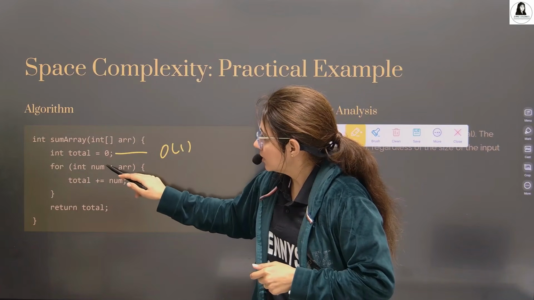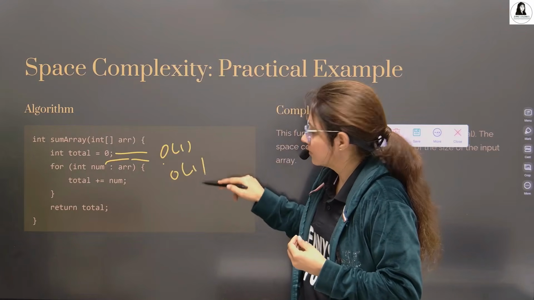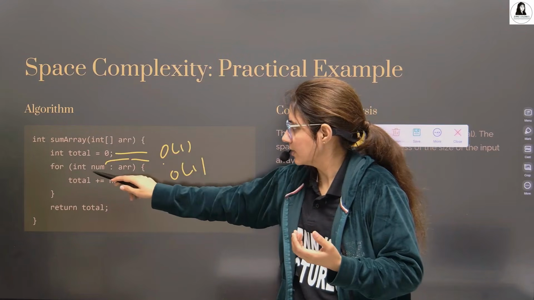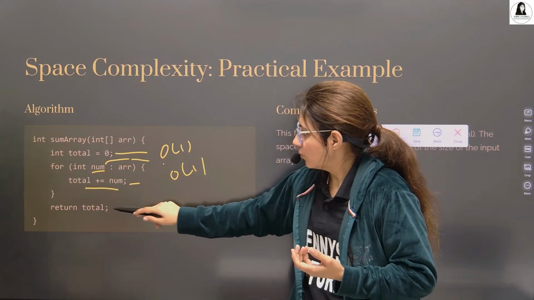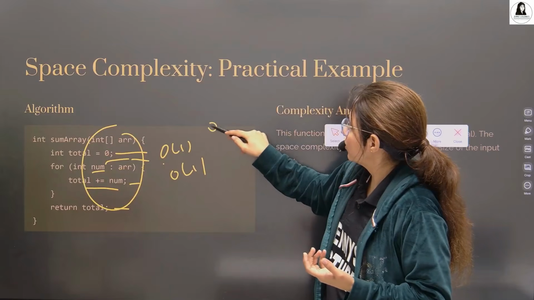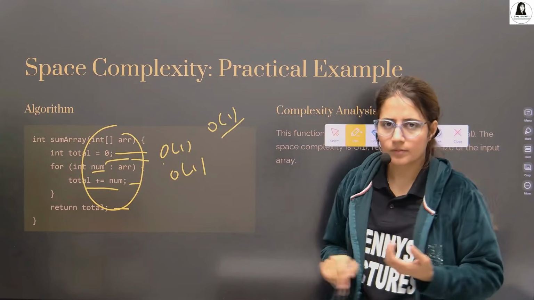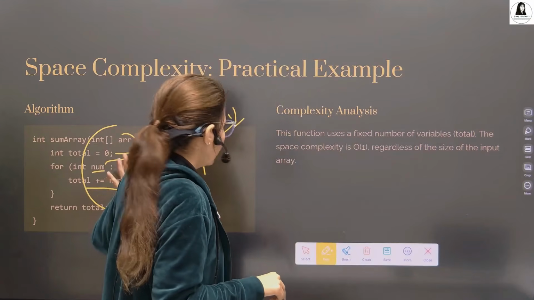Then this variable int num is also a simple variable, so order of 1. Obviously it is taking some space. So total plus sum is order of 1. This is also order of 1. So total space complexity for this is order of 1 only. That's it, because we don't need any extra array.